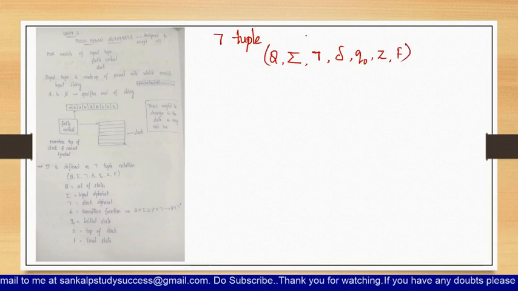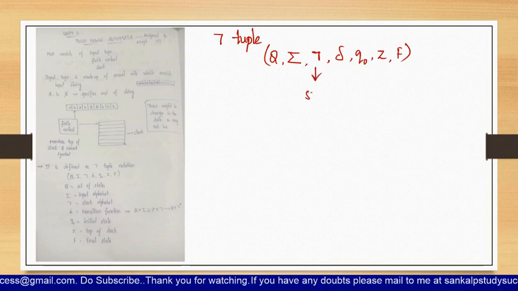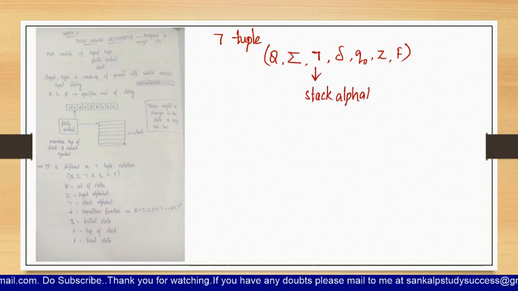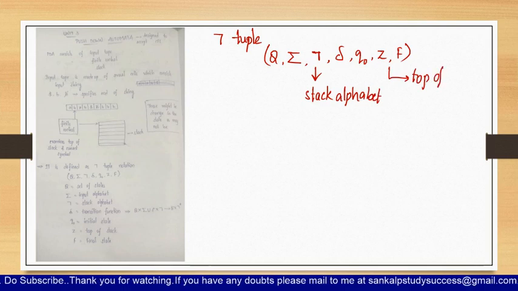So this is the 7 tuple notation where we are aware of the set of states, input alphabet, transition function, initial state and final state from the 5 tuples. But the only difference is that here we have the stack alphabet, and this Z is the top of the stack. So this is our 7 tuple notation which is going to define our pushdown automaton.